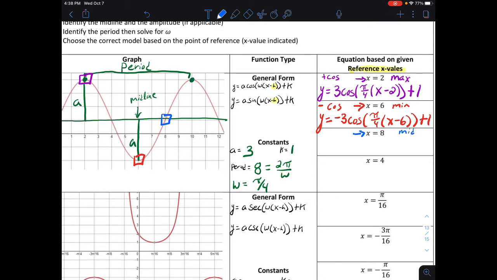And if it's a midline, and to the right of that midline it is increasing, it's going midline up, we're going to use sine, and sine is going to be positive out front. And so we write our equation here, we'd have y equals a, so 3 times sine of pi over 4 times x minus 8, and then plus 1 on the end.